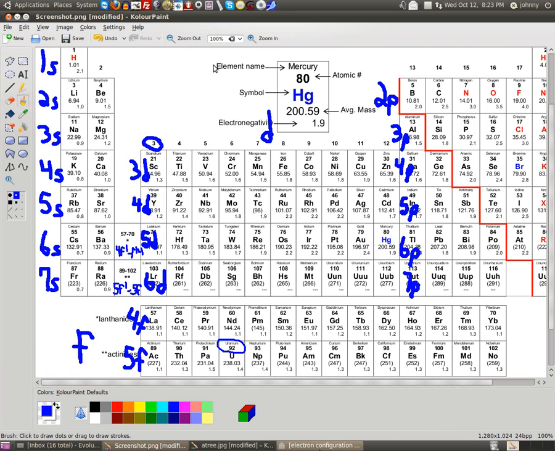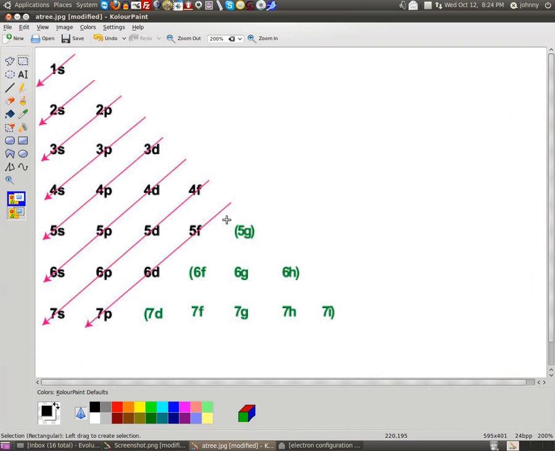Notice that they need to understand location. The location of this uranium is 5f, 5f1, 5f2, 5f3, 5f4. Now let's look at the Aufbau tree. Find your 5f. Well, I see our 5f. Our 5f is actually right there.